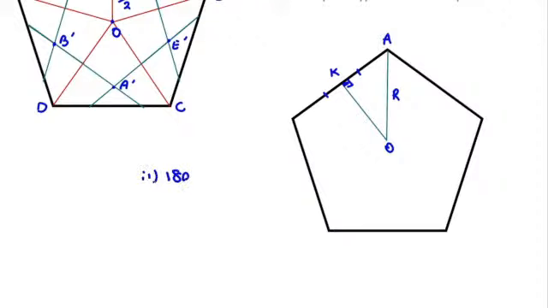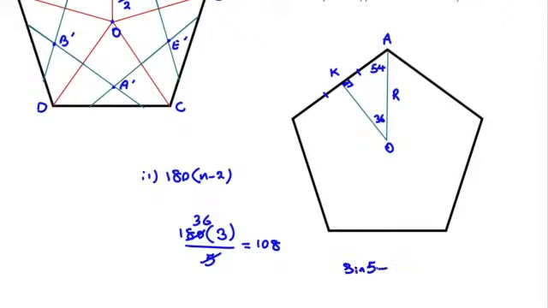The formula is 180 times n minus 2, the sum of the angles, so 180 times 5 minus 2, over 5. It will be 108. So this angle will be 54. This angle will be 36. It is R. So OK is what? Sine 54 is OK over R. So OK equals R times sine 54.